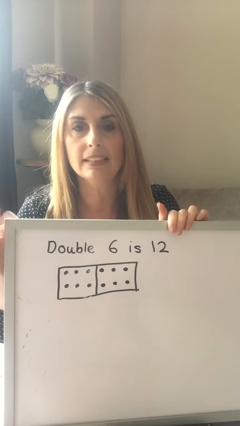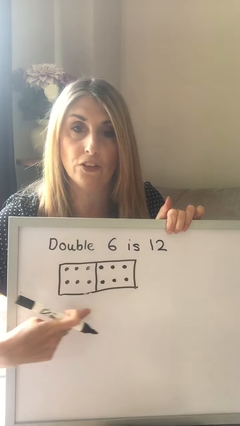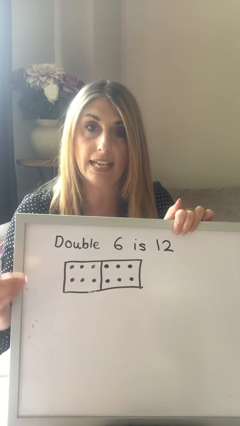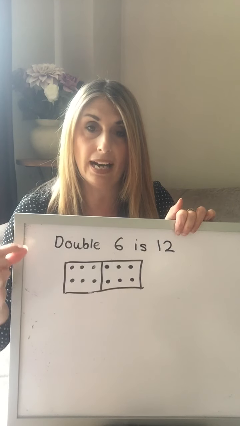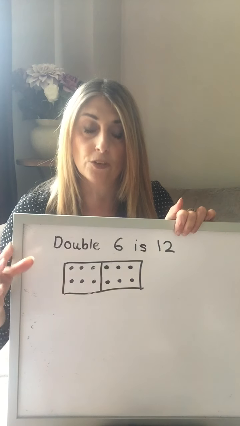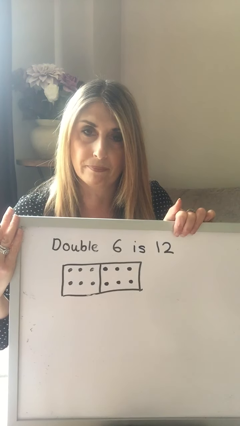Now I'm going to see if you can write the equation for this under here. Remember what we did with the ladybirds, okay? You are adding the same number. So you can pause the video to do it, okay?